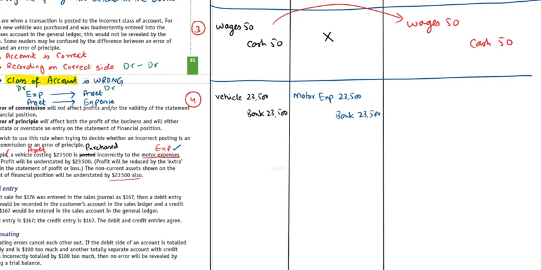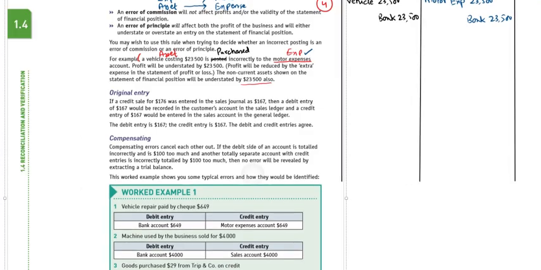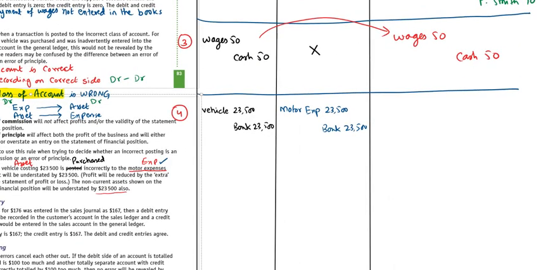As you see, in our original entry and wrong entry, we correctly recorded bank on the same side. The bank should be credit in the original, and in the wrong entry we also credited the bank.